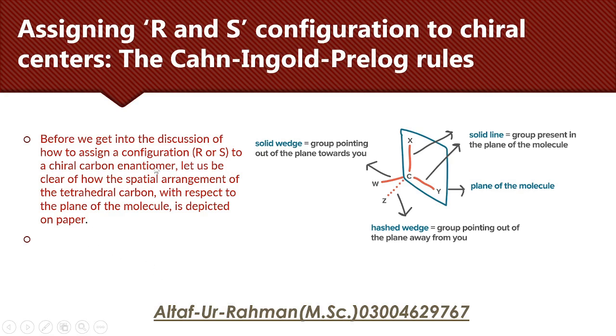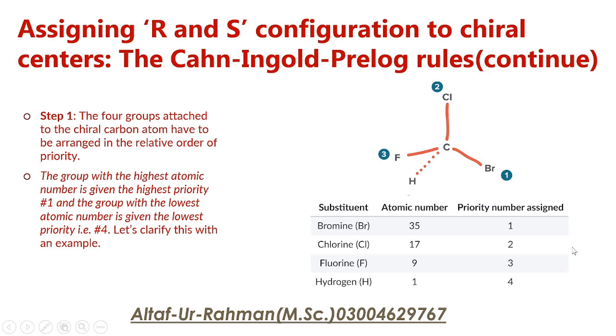Before we discuss how to assign configuration to a chiral enantiomer, let us be clear on how the spatial arrangement of the tetrahedral carbon with respect to the plane of the molecule is depicted. A solid line means the group is present in the plane of the molecule. A solid wedge means the group points out of the plane towards you, and a dotted line or hashed wedge means the group points out of the plane away from you.